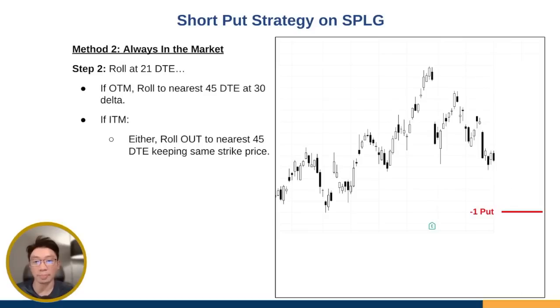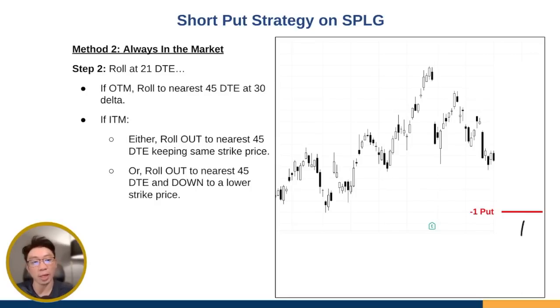So if it's in the money, either roll out to the nearest 45 DTE, keeping the same strike price, same as what we did in method one, or roll out to the nearest 45 DTE and down to a lower strike price. In this case, you are lowering your strike and giving a better chance for the market to eventually recover and have that short put be out of the money.